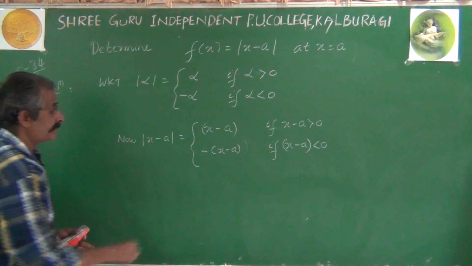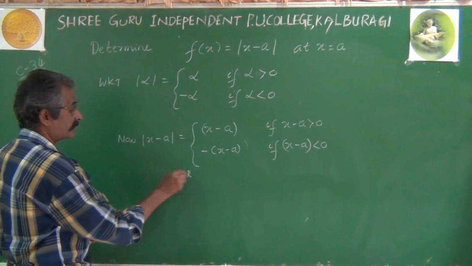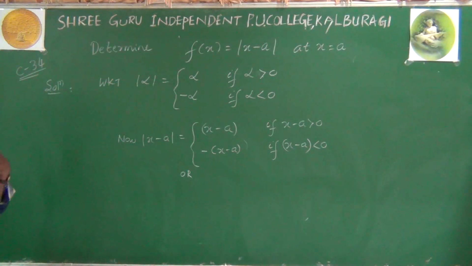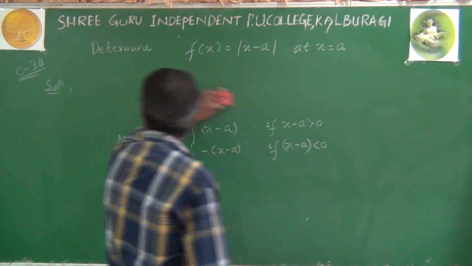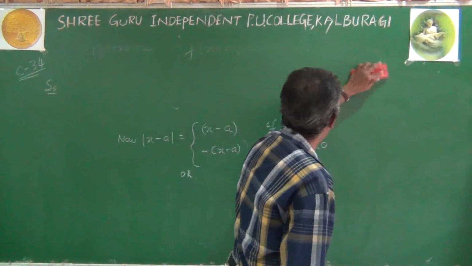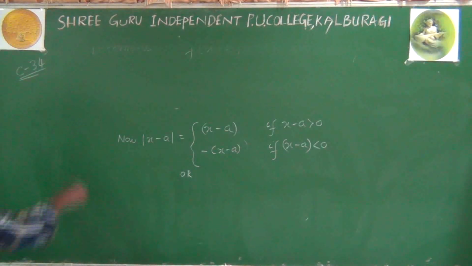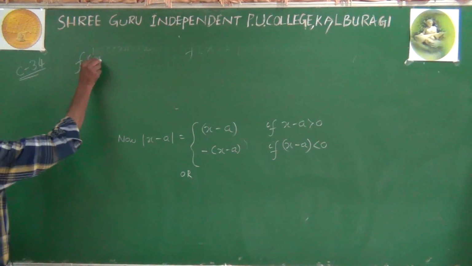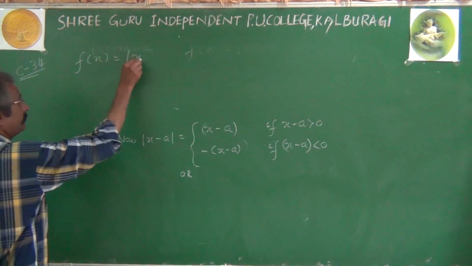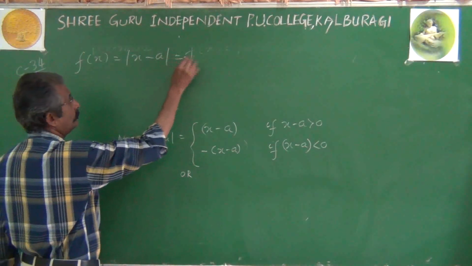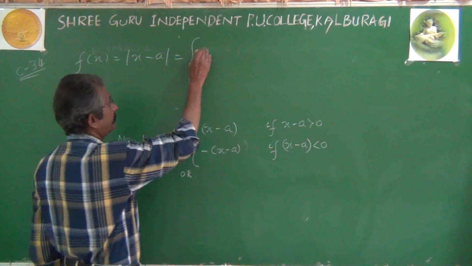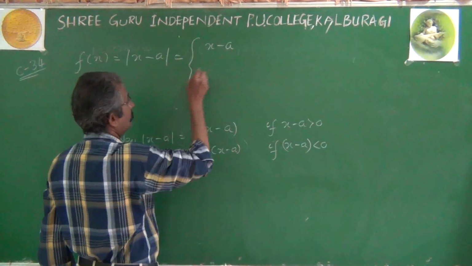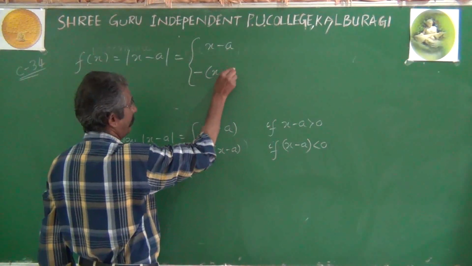Now this function may also be written in another equivalent format. Therefore f of x, that is mod of x minus a, equals two values: first value x minus a, second value minus of x minus a.